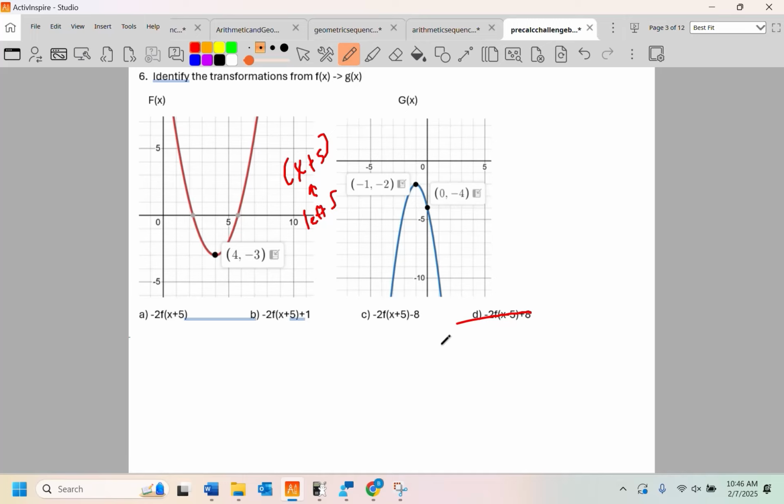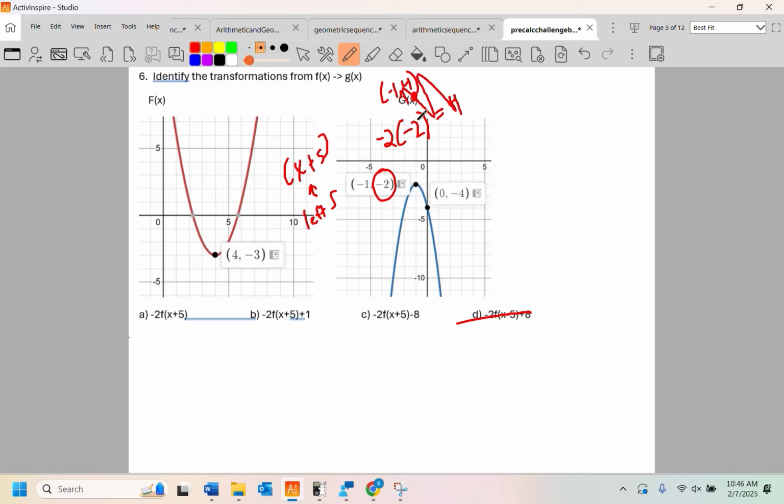Now, let's see what happens if we multiply this thing by a negative 2. All right, so if you take a negative 2, and all these choices have a negative 2, and you multiply it by a negative 2, you get 4. So that would be like up here somewhere. You'd be at negative 1, 4. Well, you're going to have to drop several units, aren't you?